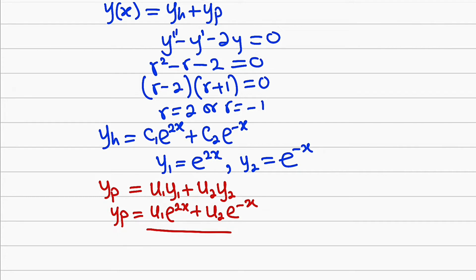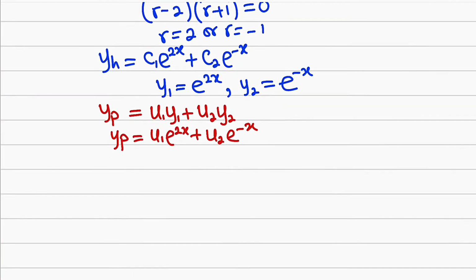And the equations are: the first one, which is u1' y1 + u2' y2 = 0.